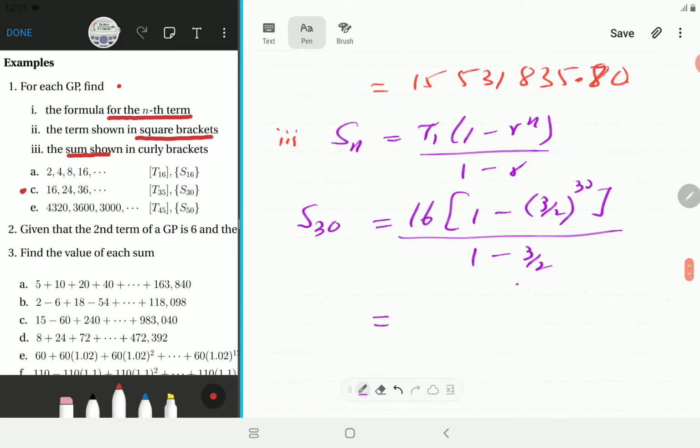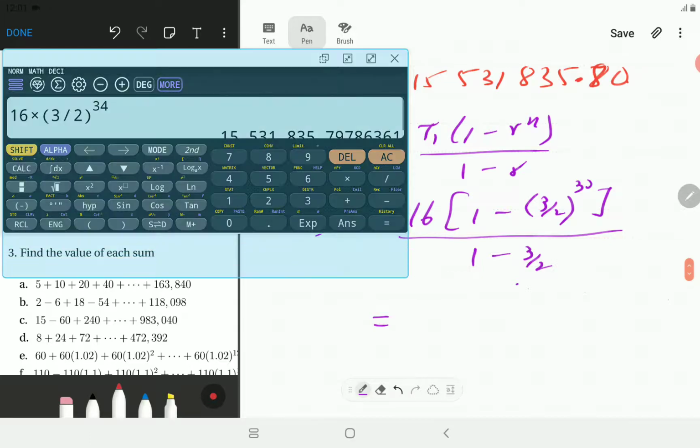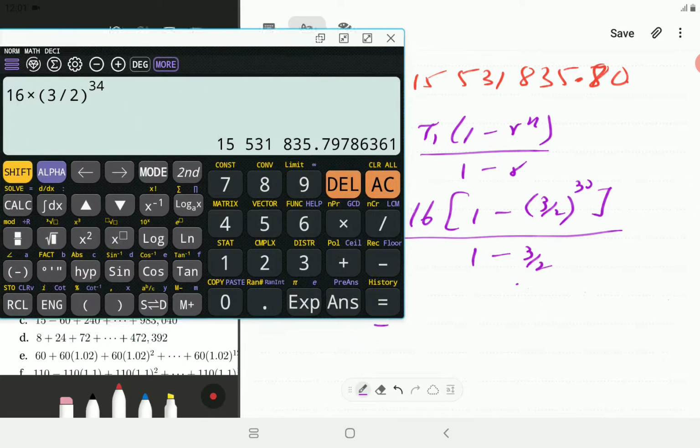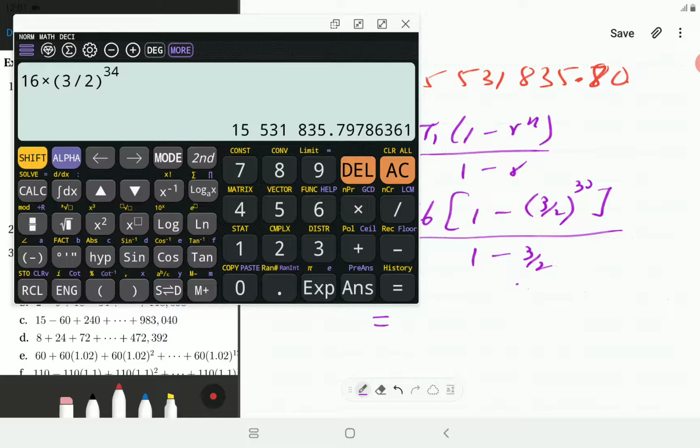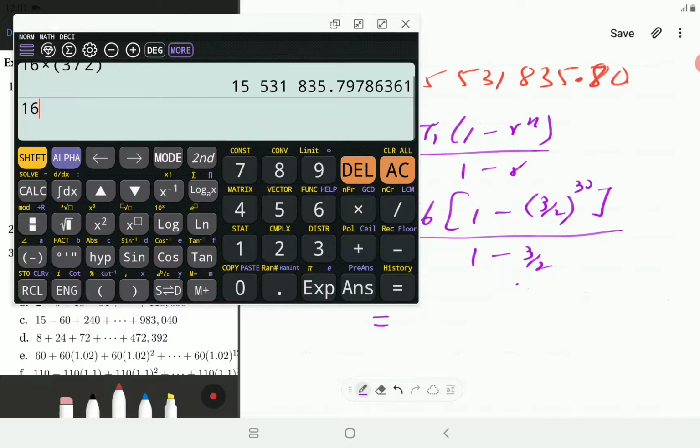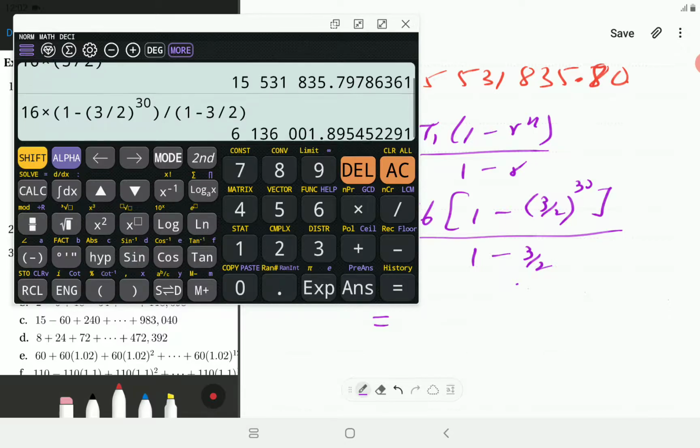And then all we need to do is just punch this in the calculator. So let's see how this is going to work out. It's going to be 16 times open brackets 1 minus open brackets again 3 over 2 to the power of 30, and then this whole thing is divided by open brackets 1 minus 3 over 2, and then equal.